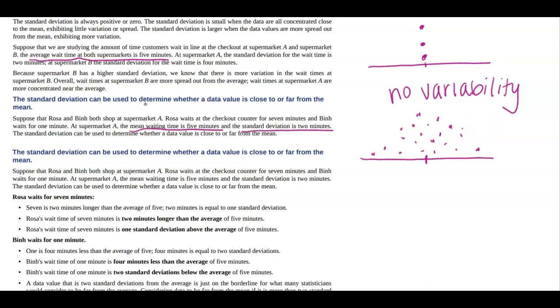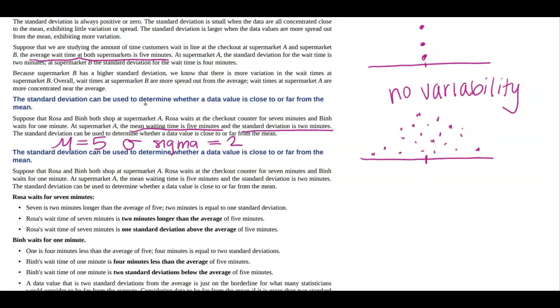Since that is all wait times, I can use population parameters. So we can say that mu is 5. And for standard deviation, the population parameter we use is sigma. So we say sigma equals 2.